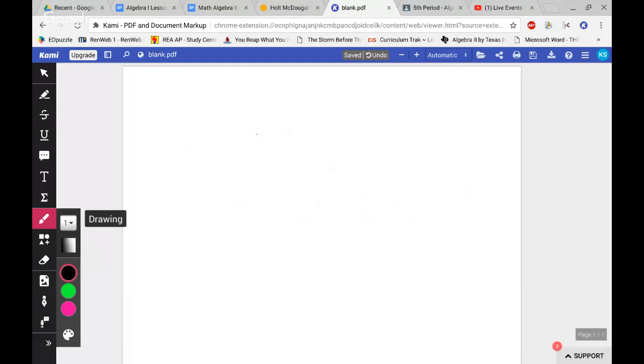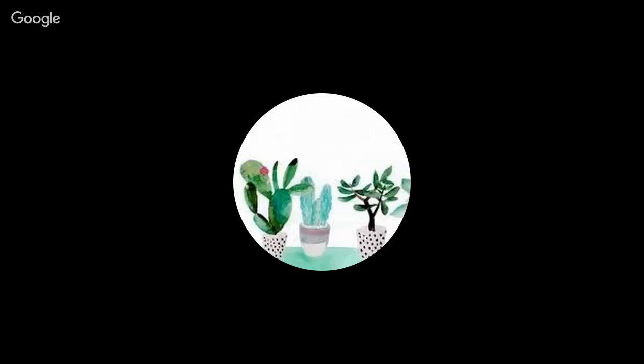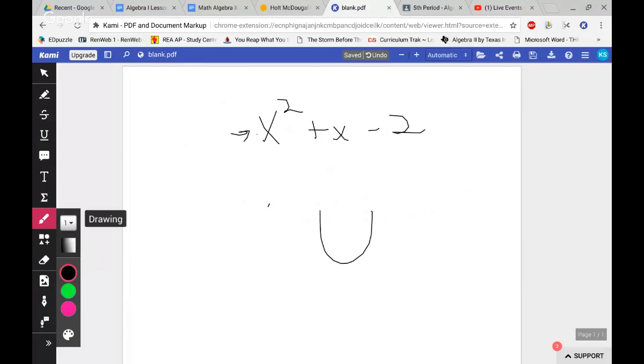So if you think about your parabola, when it had a positive coefficient, so if it was x squared plus x minus 2, then because the leading coefficient is positive, it was a happy face parabola. Right. So it rises to the left and it rises to the right. So your even ones are like that. If the leading coefficient were negative, it would be a sad faced parabola. So it falls to the left and falls to the right.